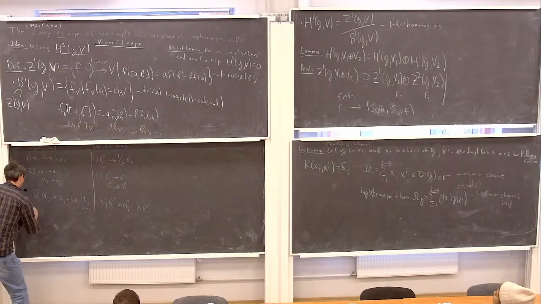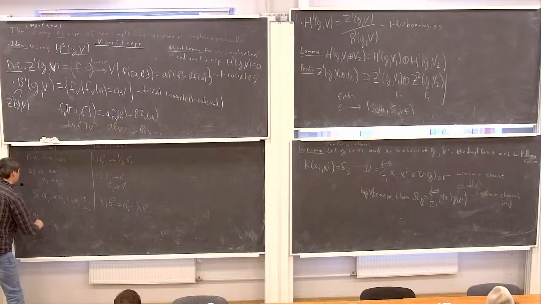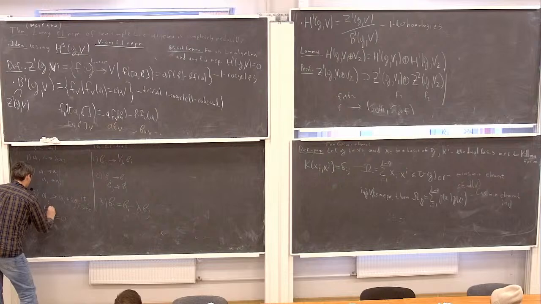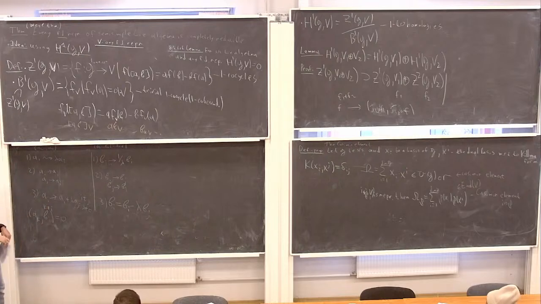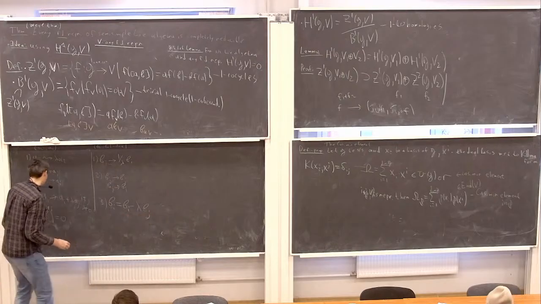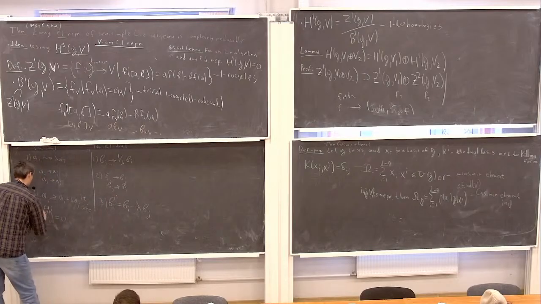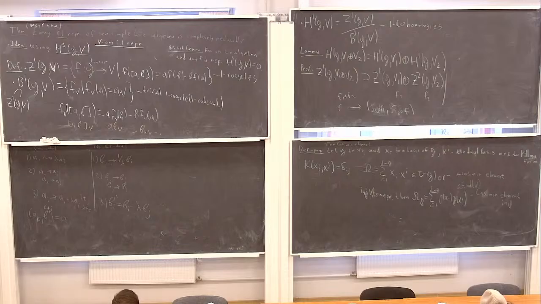So I have to check that if you have a_i prime, first of all, I need to check that a_k b_i is equal to 0 if k is not equal to i, because the others are not changed. Is this true? Because our b_i, okay, let's say b_i prime. So a_k b_i prime should be 0. Is it 0? It is 0, so that's okay.